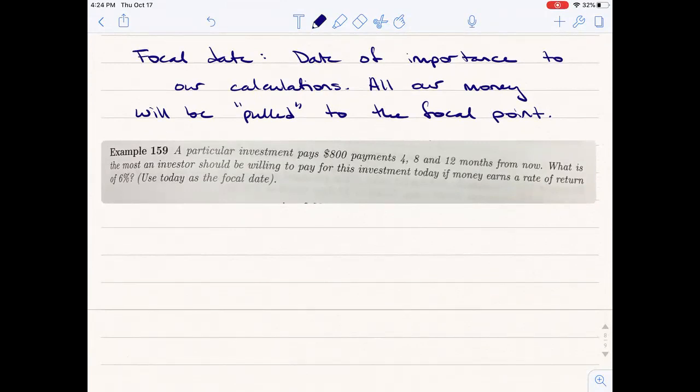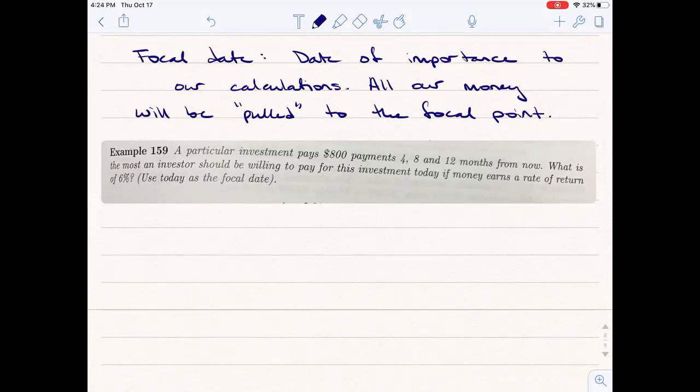All right. So a particular investment pays $800 payments for 8 and 12 months from now. What is the most an investor should be willing to pay for this investment today if money earns a rate of return of 6%? Use today as the focal date, right?